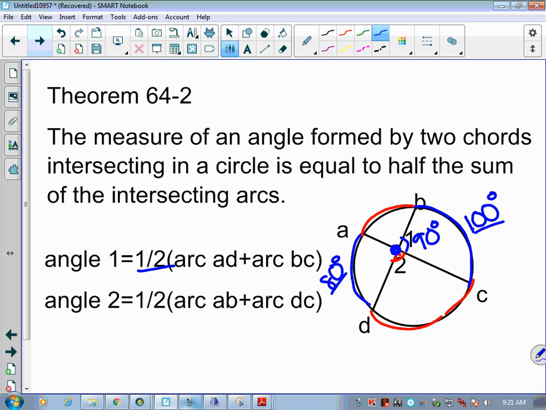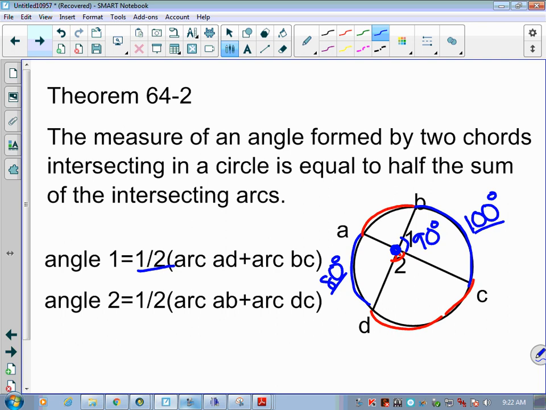If it had been in the center, these would be central angles, and the central angle would be the same as the intercepted arc. Instead, I have to average the two outsides, and that's what gives the new angle. Darren, you're giving me a confused look. We need to see some in action here.